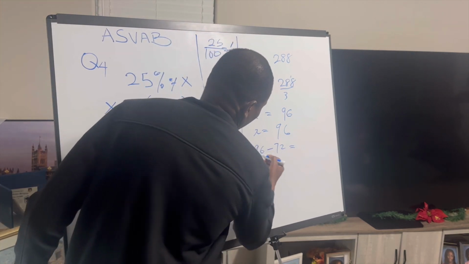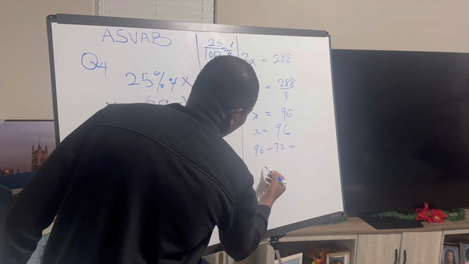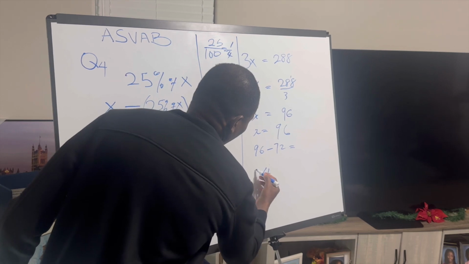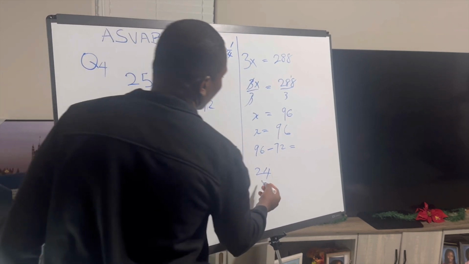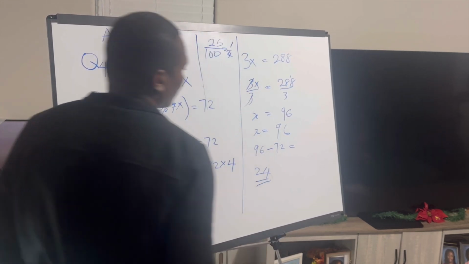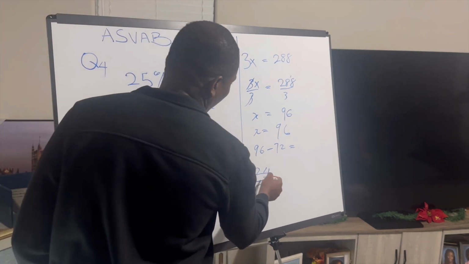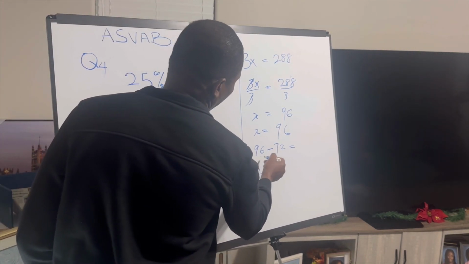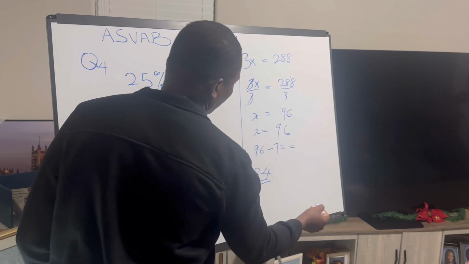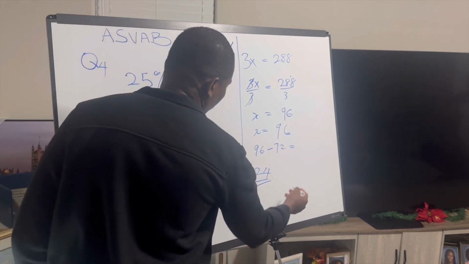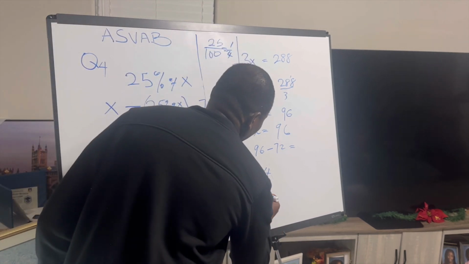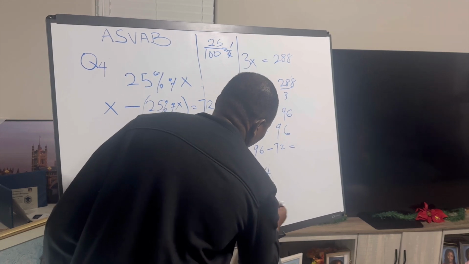That's 96 minus 72. That's 24. So when you reduce 96 by 24, you get a what? 72. So the original jelly beans is 96.